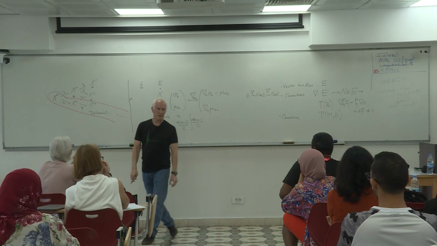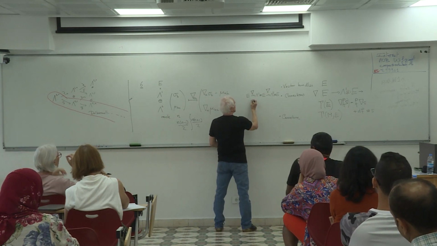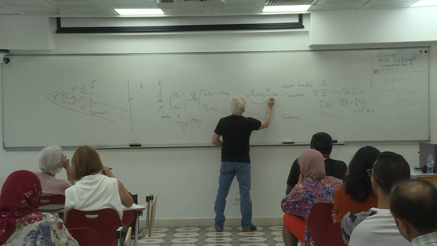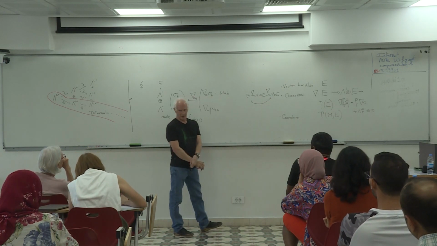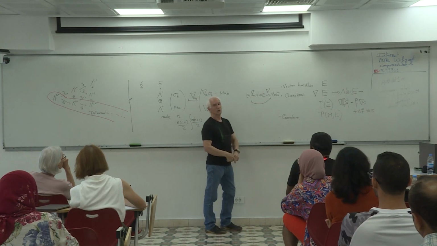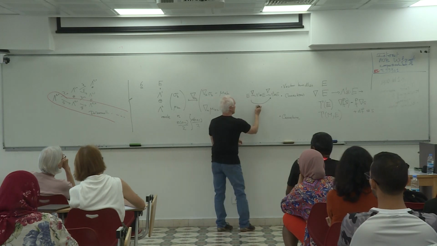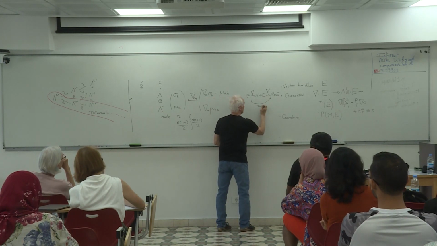It's no longer a complex. It might be that this composition, from here to here, is not equal to 0. What happens in general is that this thing here is always a homomorphism of vector bundles, and it's called the curvature.